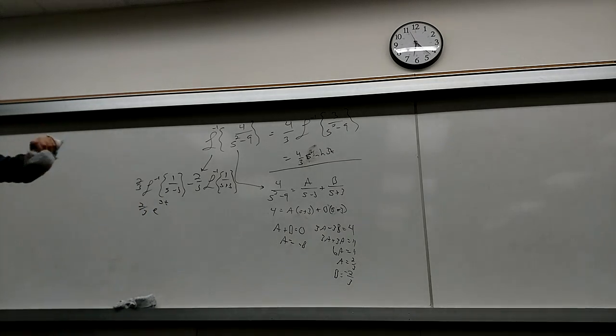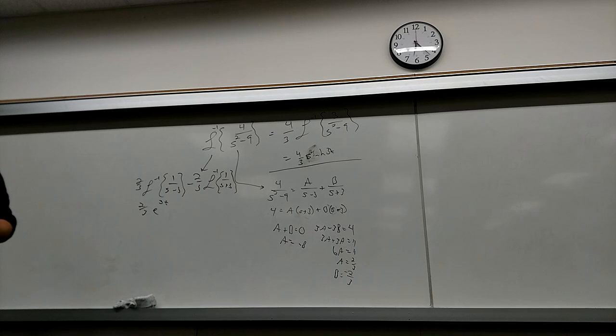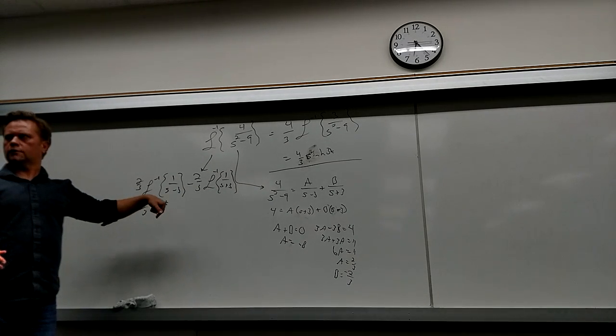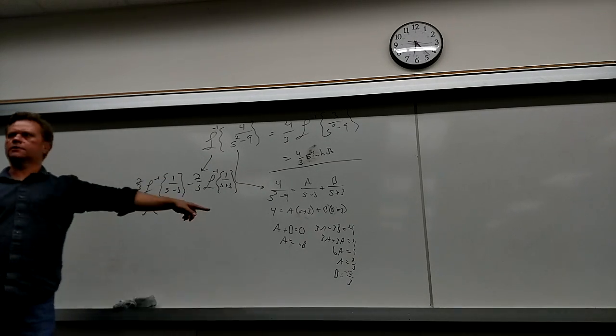e to the 3t, 1 over s minus a. You with me? And remember, what's sinh and cosh based on? Do you remember? They're based on exponentials, right? So of course that relates to the two different ways to do this problem, right? Because one way is going to have exponentials in it, and the other way's got sinh and cosh.